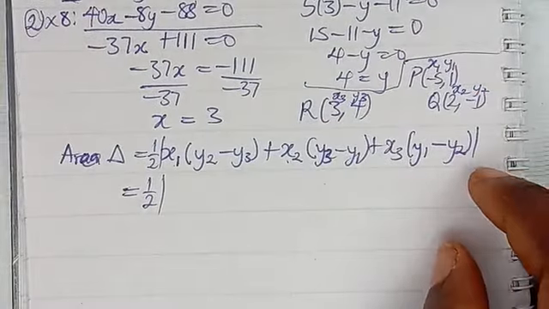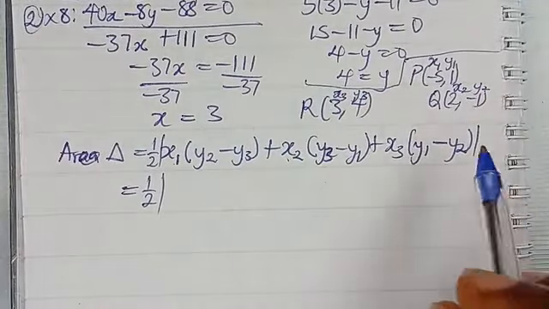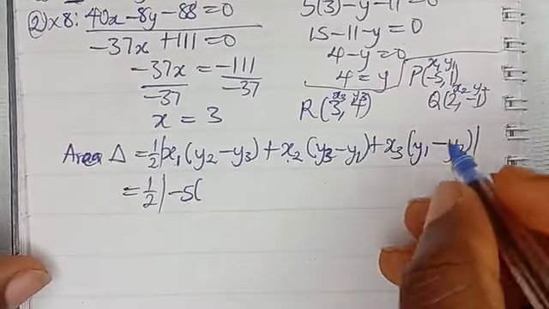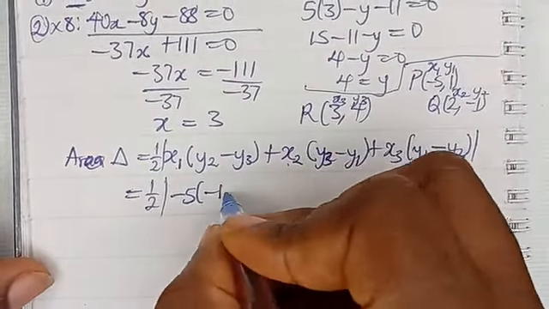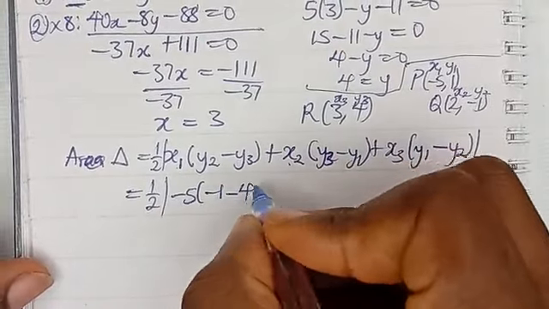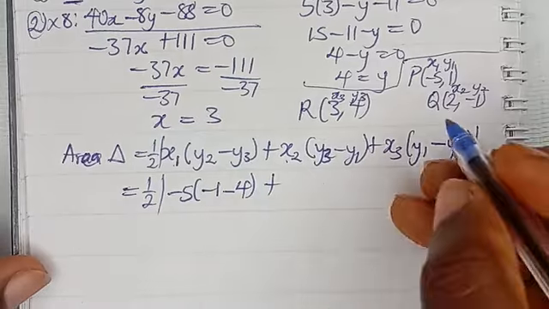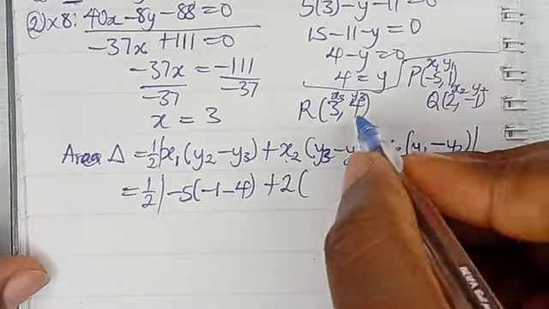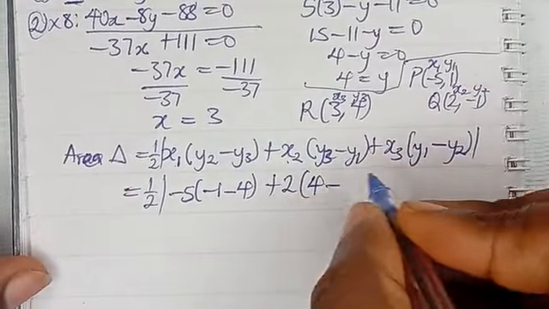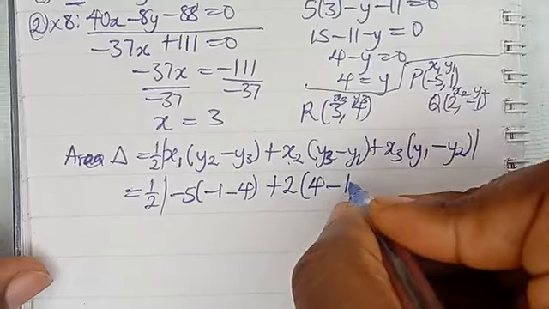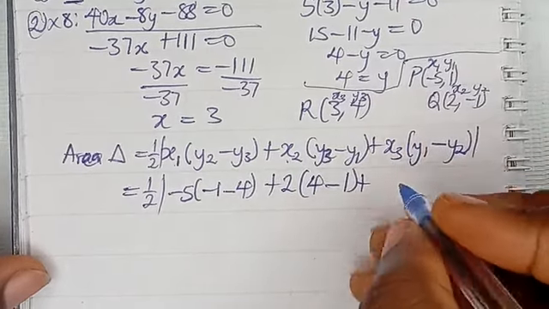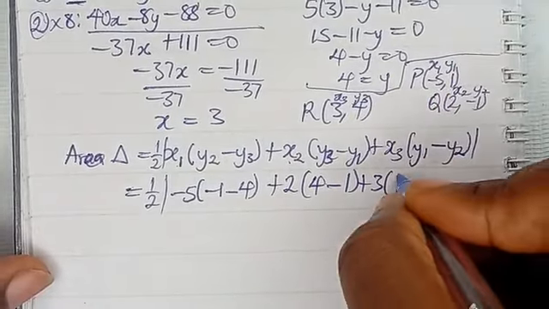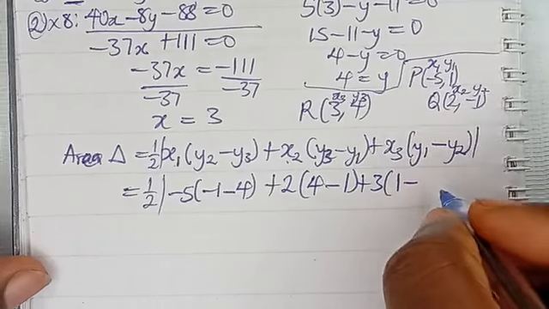Okay, let's substitute immediately. We have that x1 is negative 5, y2 is negative 1 minus y3 is 4. Plus x2, that takes the form of 2, y3 is 4 minus y1, which is 1, and then plus x3 is 3, y1 is 1 minus y2, which is minus 1.